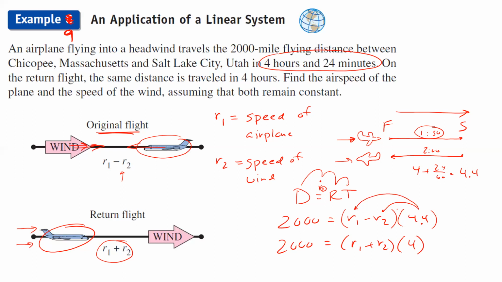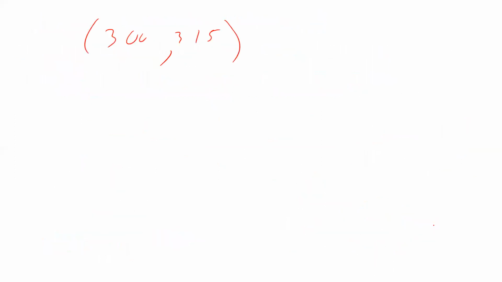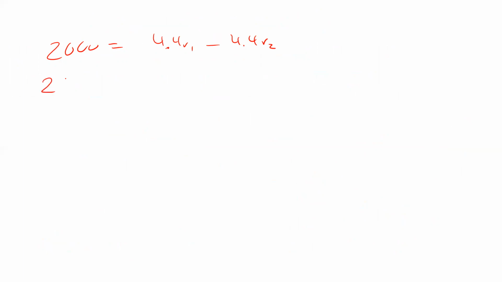Will that work? Yeah, that should work. Okay. So let's go. You guys have to help me out. I'm going to go 2 screens lower. So 2,000 still on the side. 4.4 R1 minus 4.4 R2. On the second one, it was just multiplying by 4. So then it just becomes 4R1 plus 4R2.